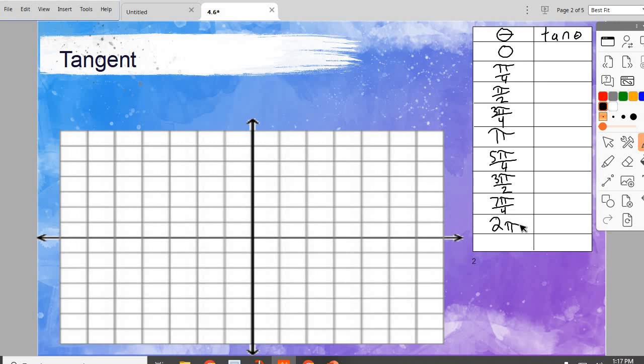So what is sine at 0? Think about our sine graph. What is sine at 0? It is 0. What is cosine at 0? 1.